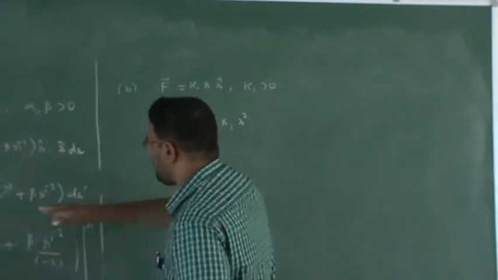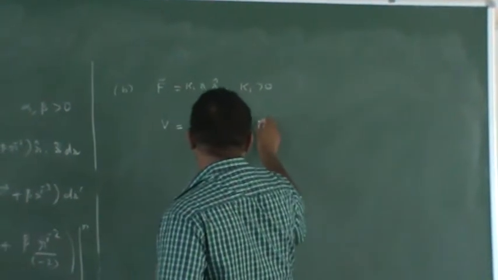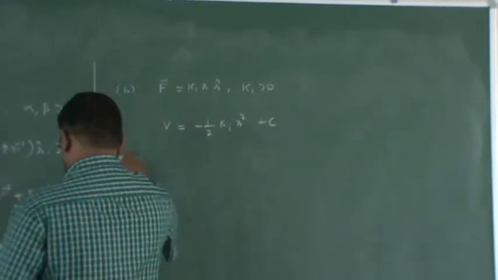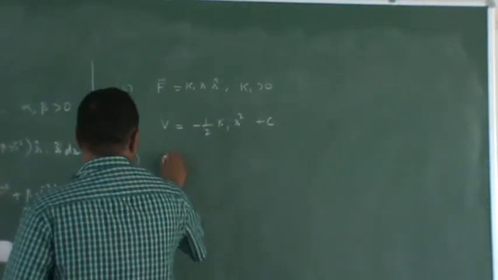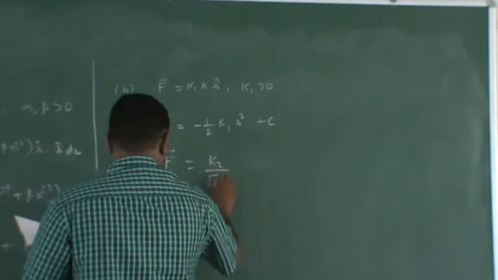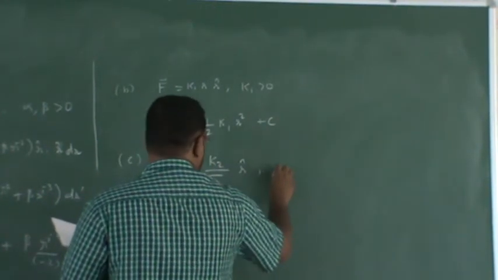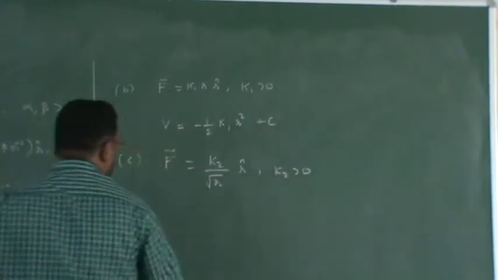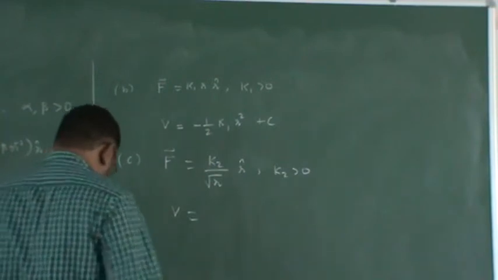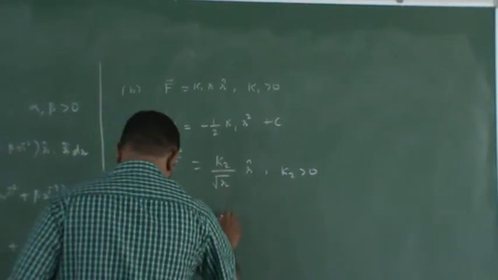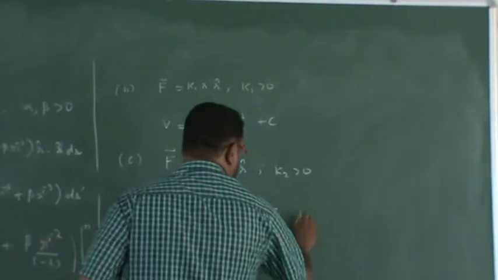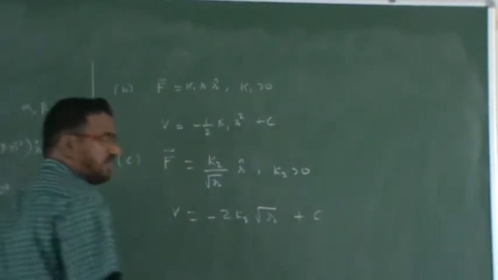If I don't specify the limit, I will put some integration constant. Then the third one: F is equal to K2 by root r, r cap, where K2 is greater than 0. Then the answer is minus 2 K2 root r plus some integration constant.